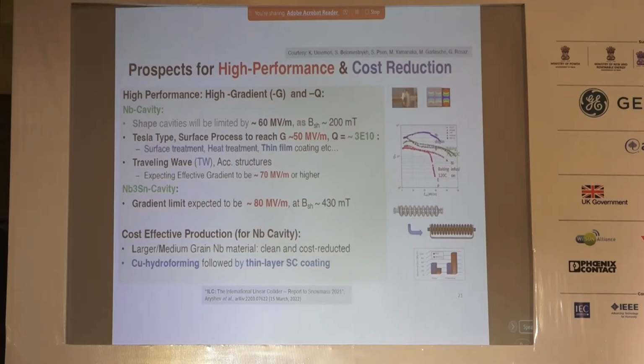And also, if you look at another material instead of niobium, if you can use niobium-3 tin, basically the critical temperature and critical field are much higher. In this way, we can expect something of the order of doubling the field gradient in some future.